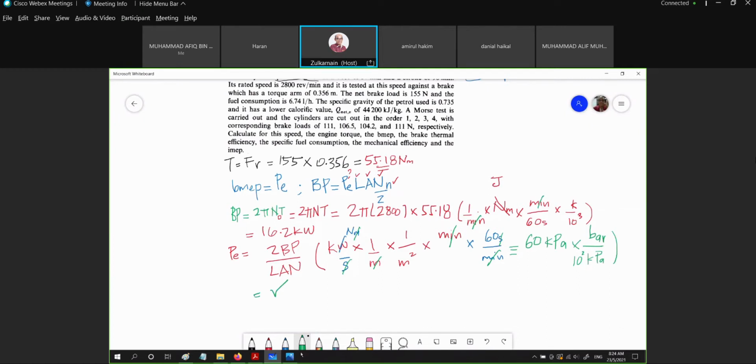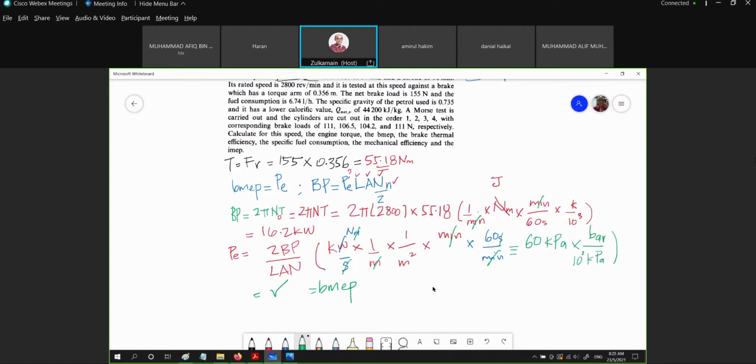Right? Then we calculate the brake thermal efficiency. We want the BMEP. BMEP is PE, this is equivalent to BMEP. Now we look at our brake thermal efficiency.